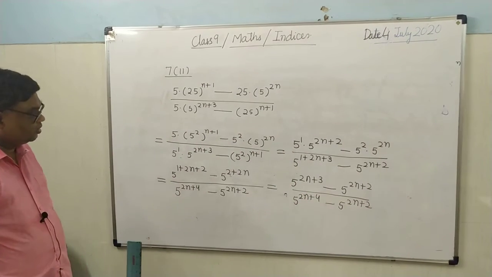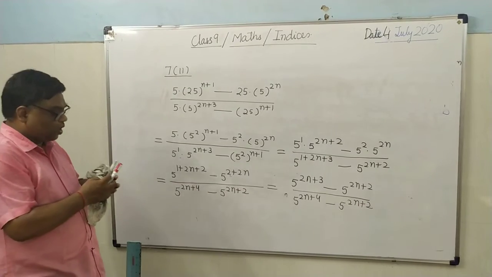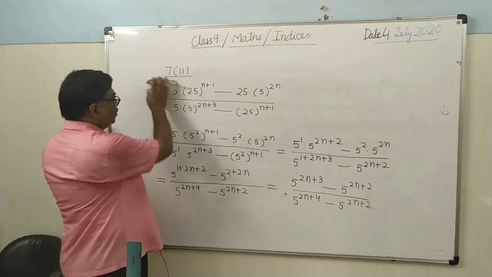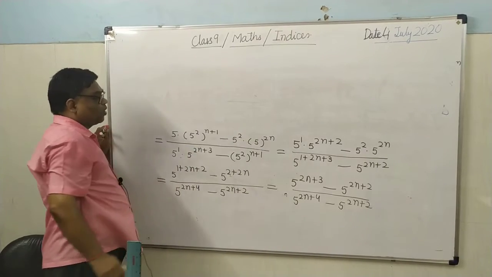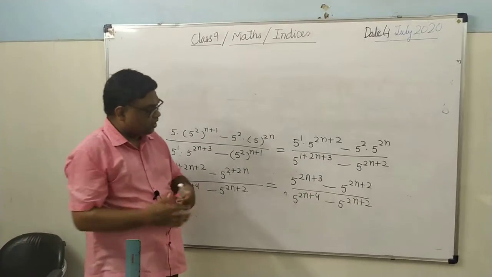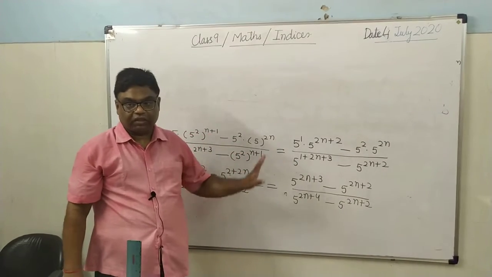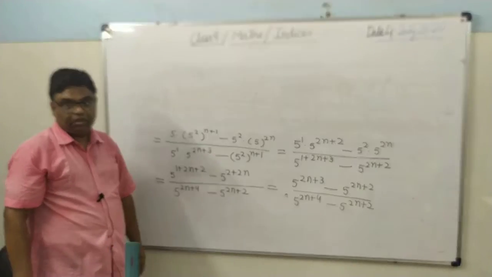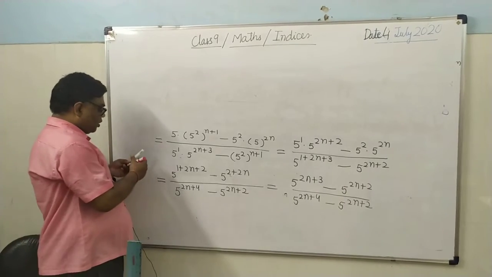Now all of you see here, what is the lowest power in the numerator? This is having 2n plus 3, this is 2n plus 2. What is the lowest here? 2n plus 2. So you can take out 2n plus 2 power common.